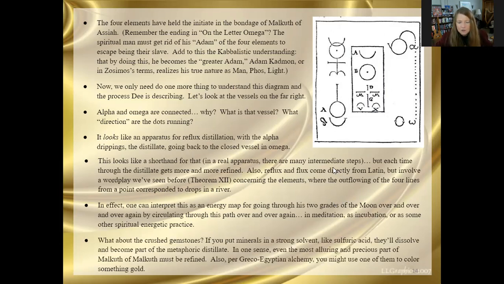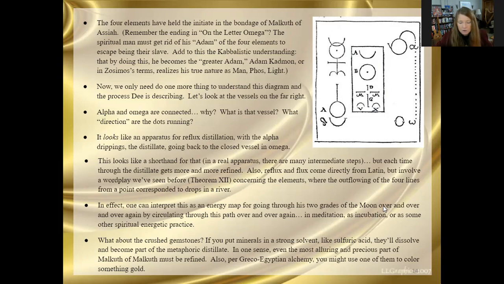And then those crushed gemstones. If you put minerals in a strong solvent, as I've said before, let's take something like sulfuric acid. That's a really strong solvent. They'll dissolve. They'll become part of the metaphoric distillate. So in one sense, even the most alluring and precious part of Malkuth has to be destroyed, not really, refined, because it becomes part of the distillate if you merge his two ideas together here.